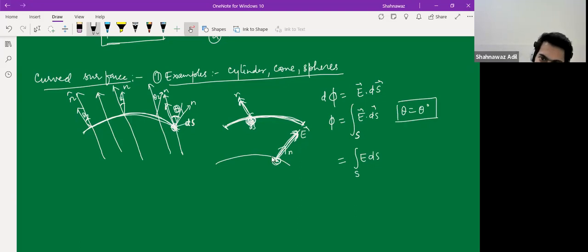If I take the area element like this, the normal would be in this direction, but by choice I have taken the area element in this direction. Small area element in this direction, and small area element also in this direction. And then what I do is that I integrate all these small area elements. Understood?